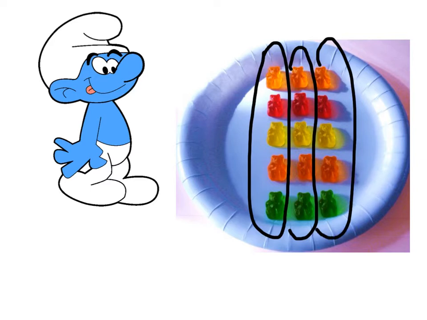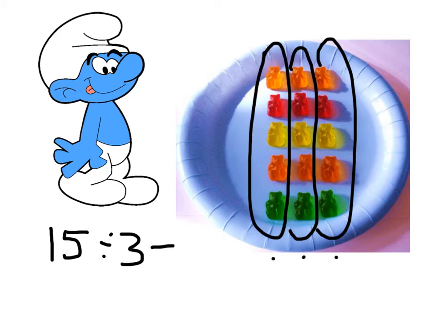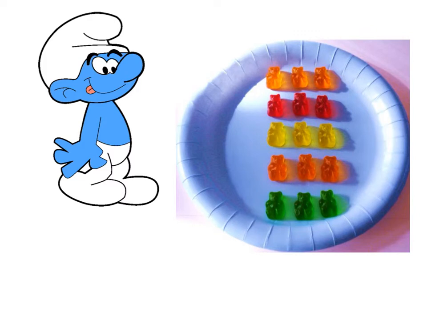Yep, that's equal. So if we shared it between 3 friends, they'd all get 5 each. 15 gummy bears shared between 3 friends is 5 gummy bears each, and that would look like 15 divided by 3 equals 5.